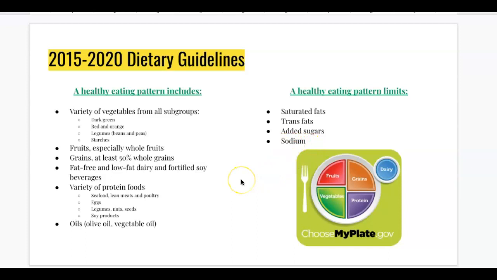So this should sound pretty familiar. Okay, we basically have described MyPlate, and the reason for that is that the function of the dietary guidelines is to create that foundation for our programs like MyPlate.